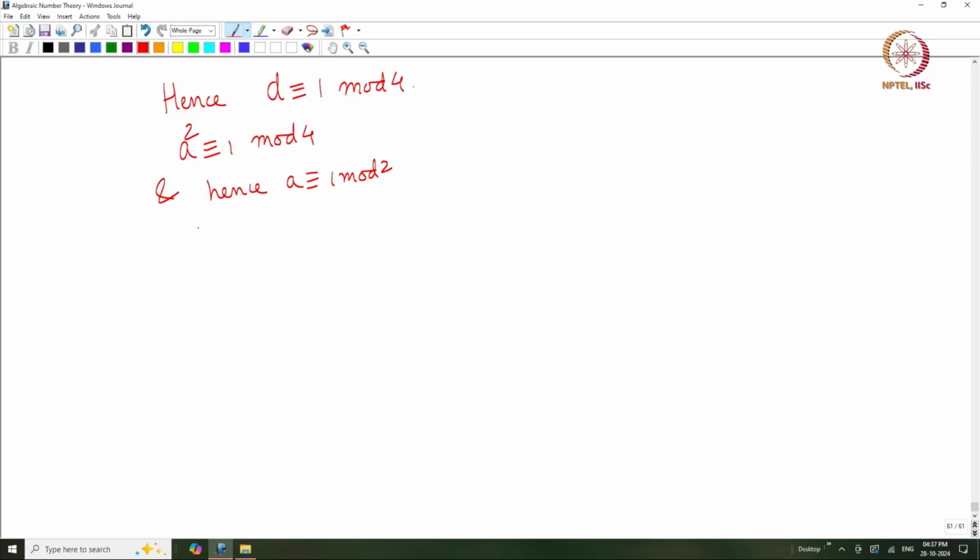Okay. So, what happens is A by 2 plus B by 2 square root of D belongs to OK if and only if, with A and B odd, D is congruent to 1 mod 4.